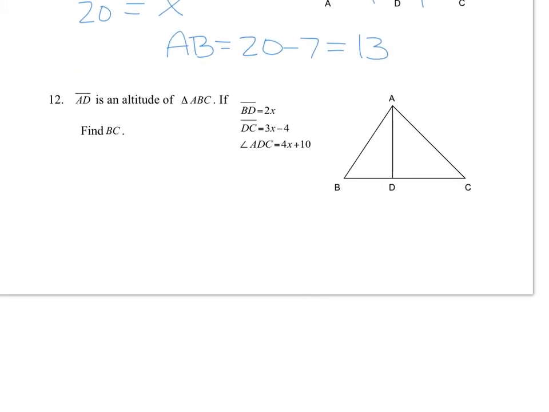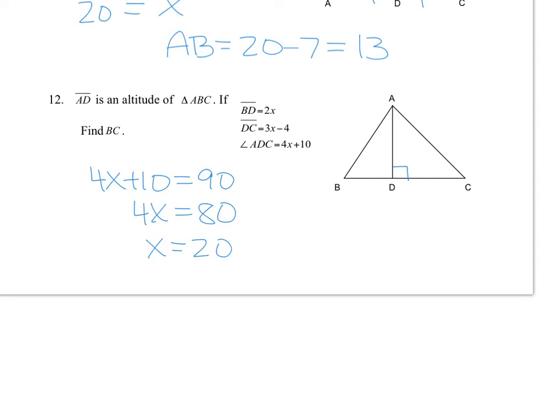AD is an altitude. An altitude means it goes from a vertex to the opposite side and is perpendicular. So that means angle ADC is 90 degrees. And it wants me to find BC.